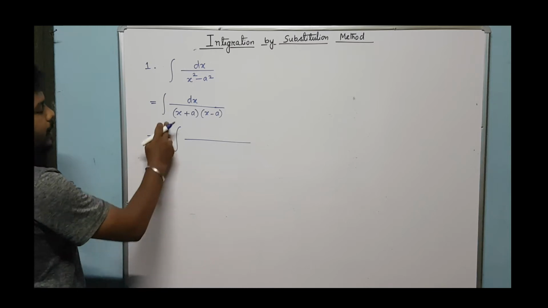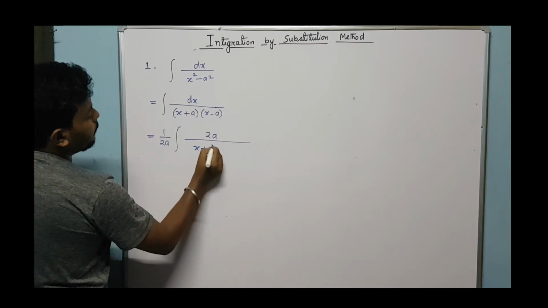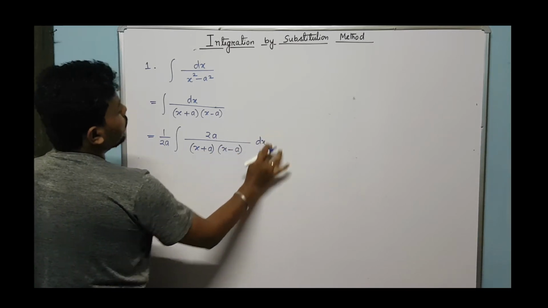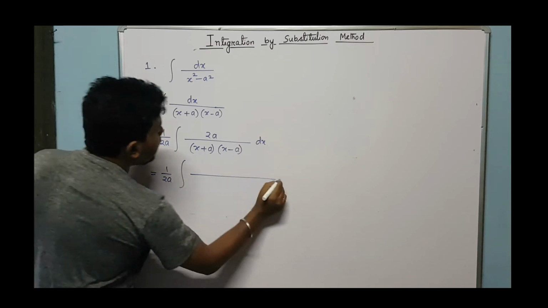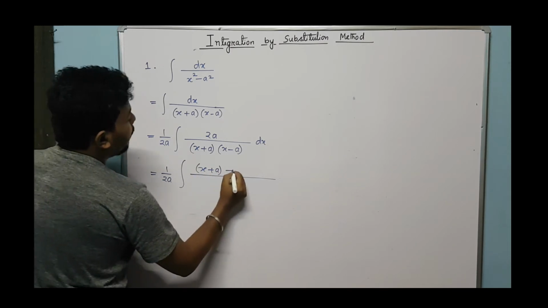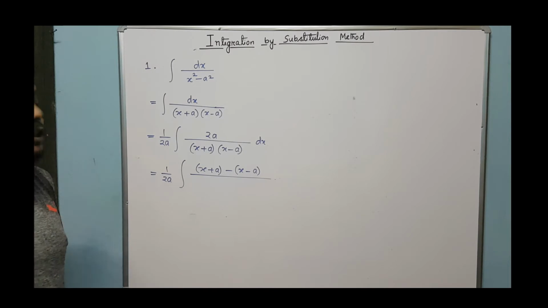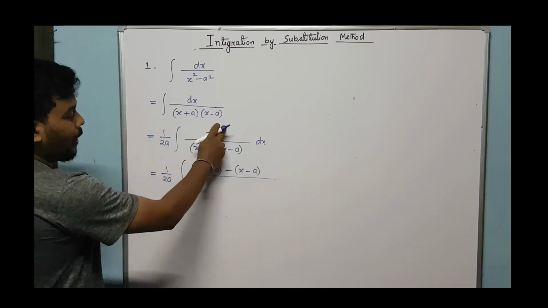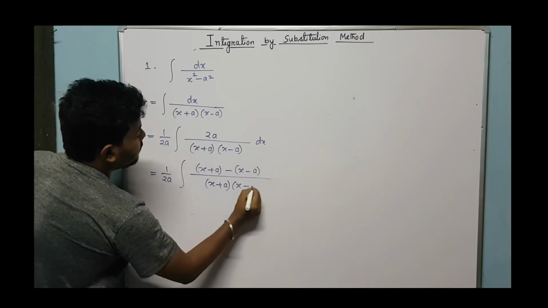So if you multiply by twice a, I will get twice a by x plus a into x minus a dx. What is twice a? Twice a is x plus a minus x minus a. If I find the difference of x plus a and x minus a, I will get twice a.